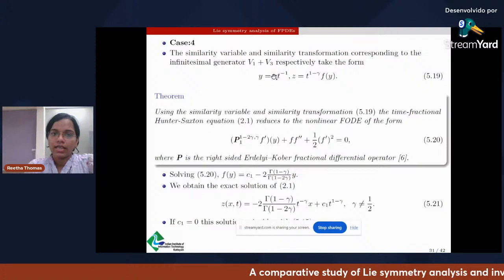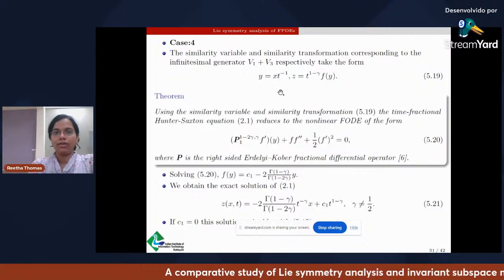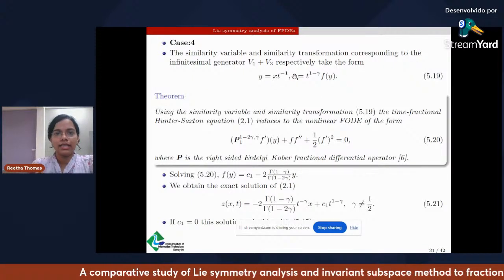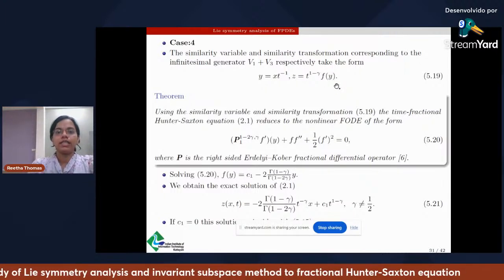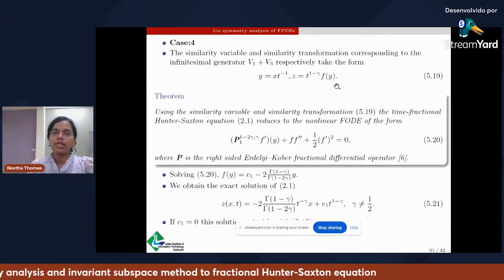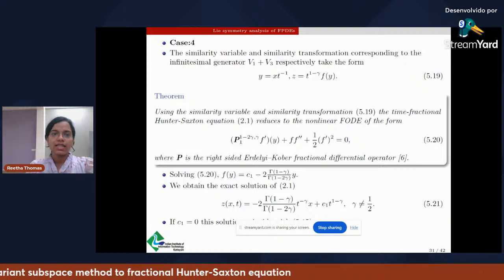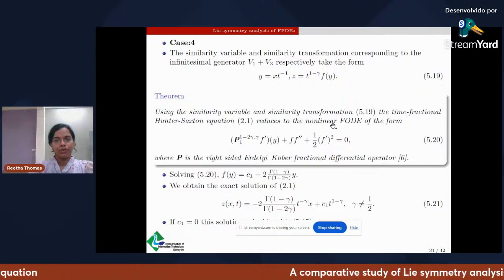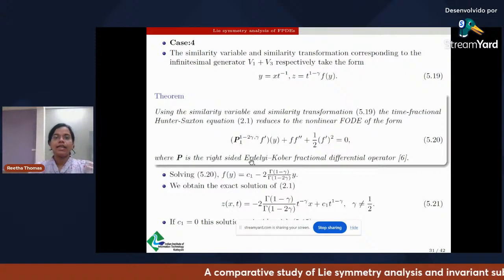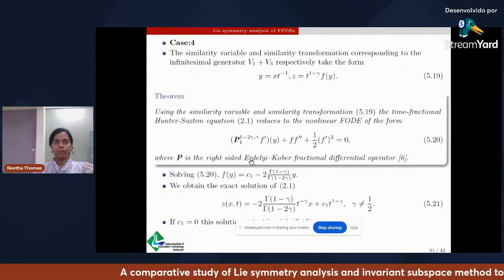That is, x by t is the similarity variable and this is the similarity transformation. This similarity variable and similarity transformation reduce the fractional HS equation to a nonlinear fractional ordinary differential equation in terms of the Erdelyi-Kober fractional differential operator.